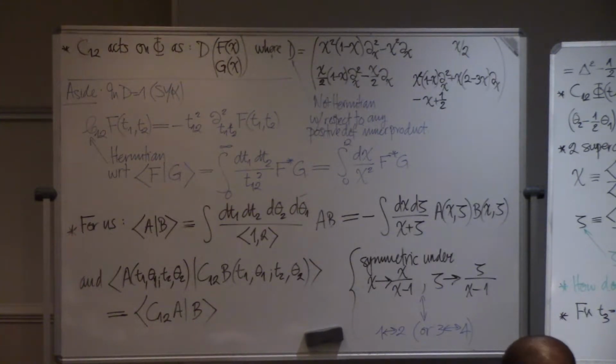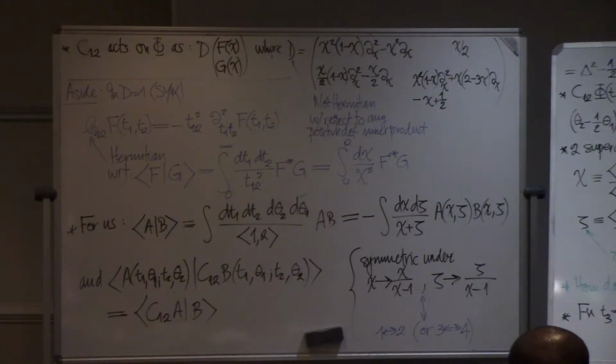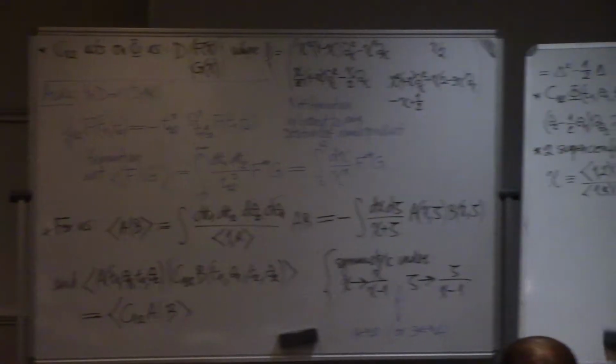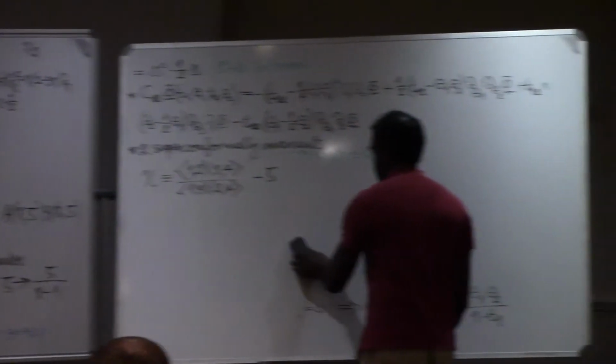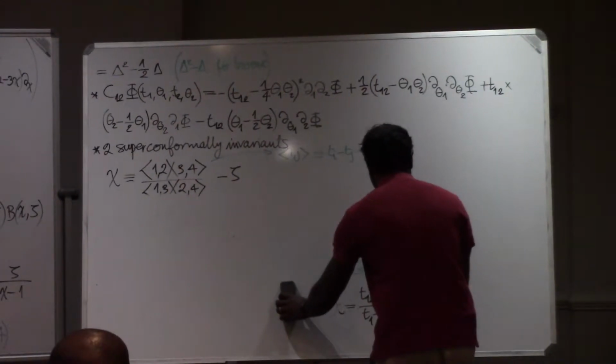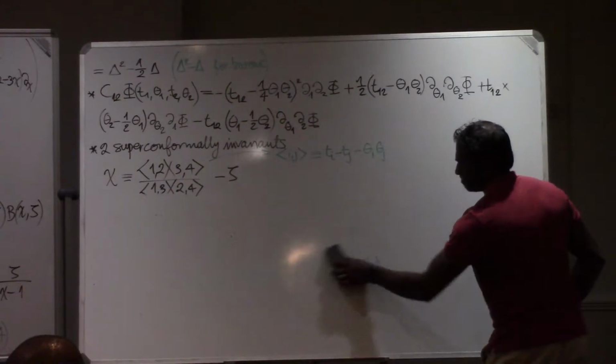It's a small exercise, but you can check that that's the case. All right, so now I want to return to this eigenvalue problem that we're trying to solve. So you don't expect to have a symmetry exchanging 1 and 3 that would take chi to 1 minus chi or something.